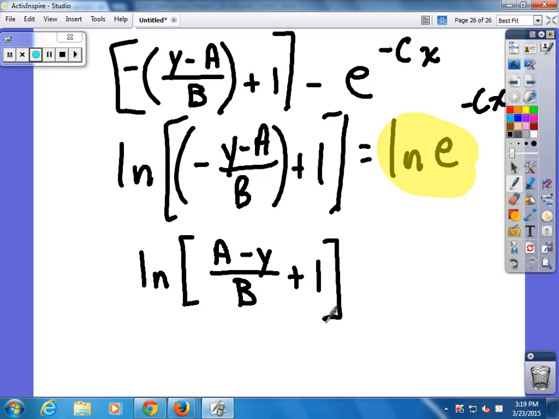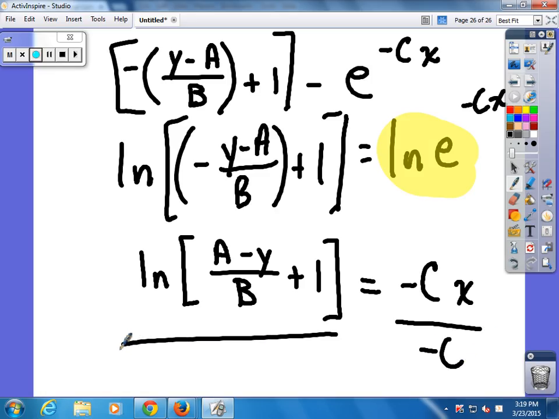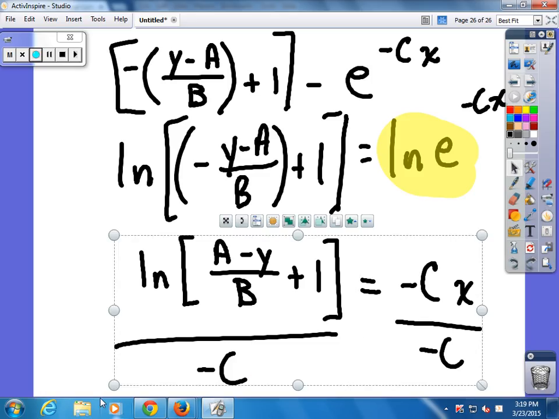Equals negative cx. And what are you going to do with it? Is that a capital C? Does that make a difference? Oh, yeah. And what are we solving for? So divide by negative c, because in science, capital C is different from lowercase c. That's your answer.